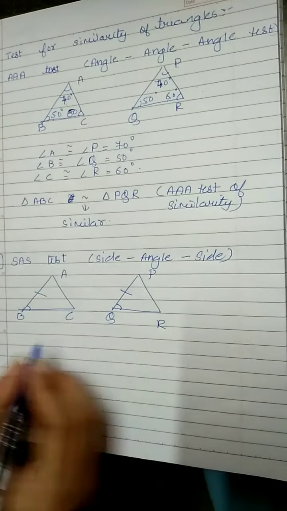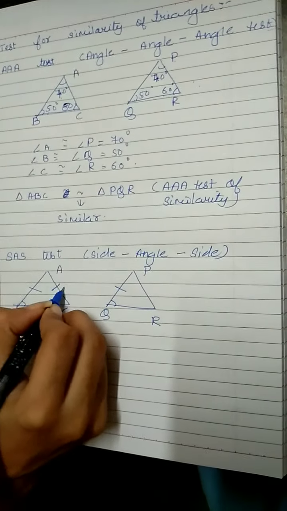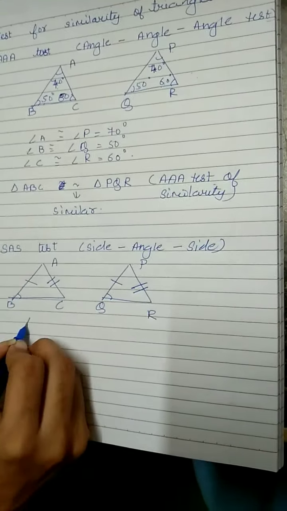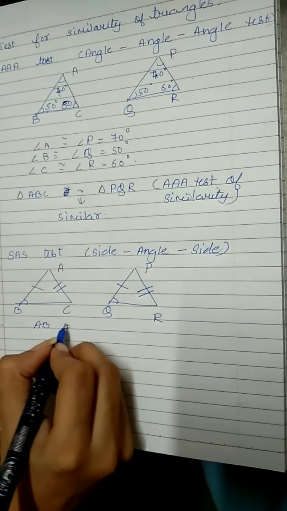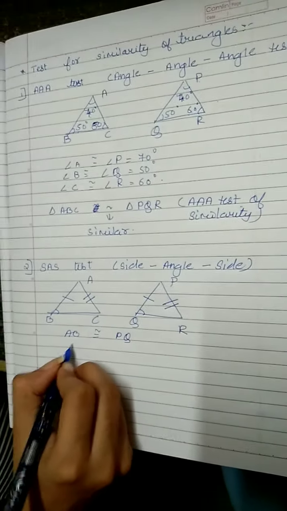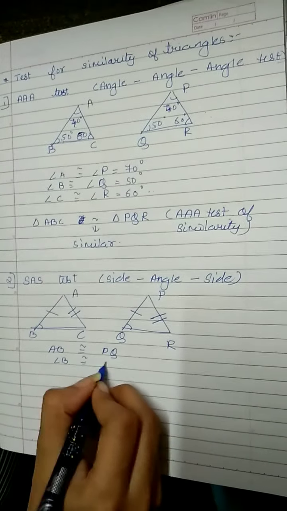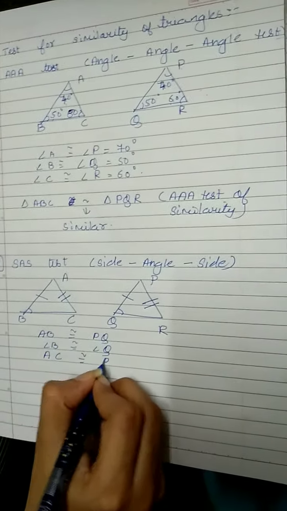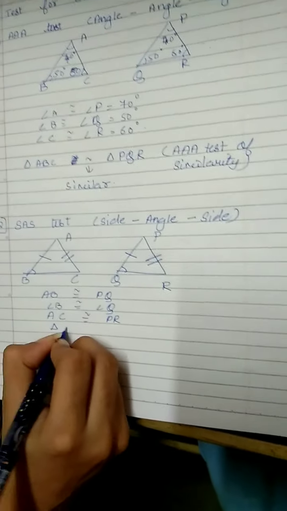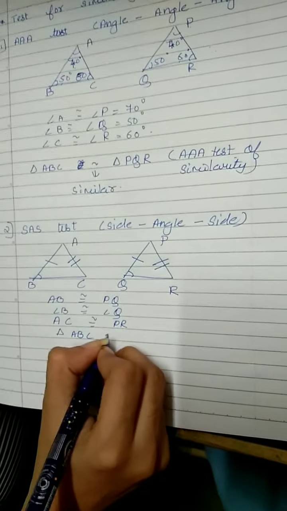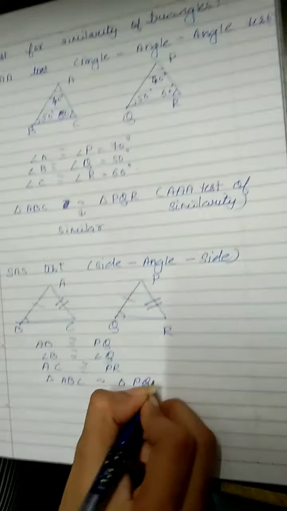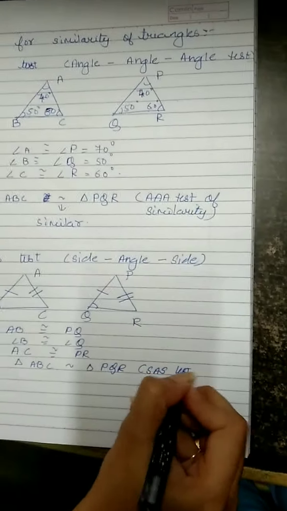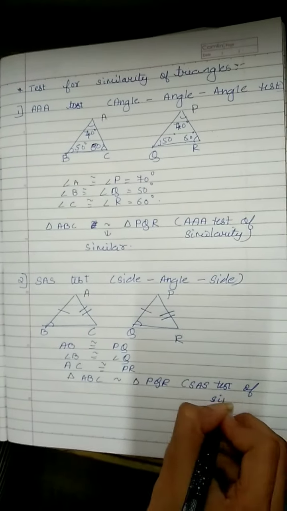First, AB is congruent to PQ. Angle B is congruent to angle Q. AC is congruent to PR. Therefore, triangle ABC is similar to triangle PQR by SAS test of similarity.